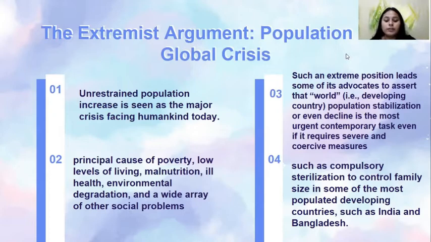As we all know, because the population has increased, the economies of most countries are getting worse. Such extreme positions lead some of its advocates to accept that in the developing world, population stabilization or even decline is the most urgent contemporary task, even if it requires severe and coercive measures such as compulsory sterilization to control family size.